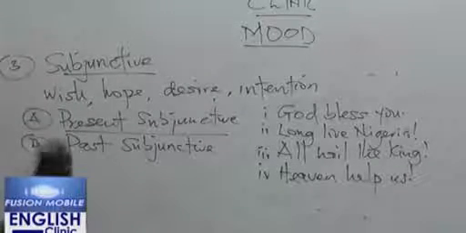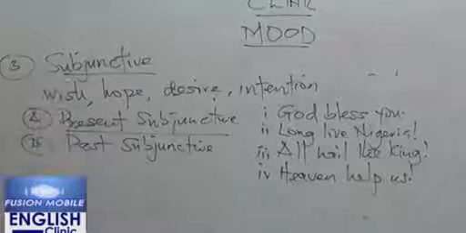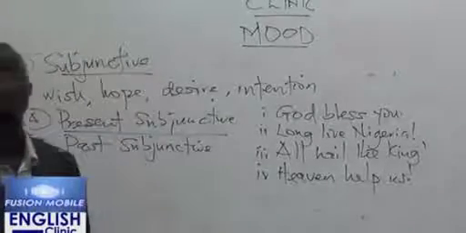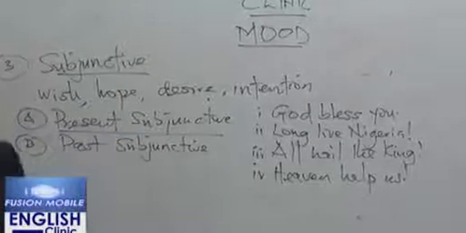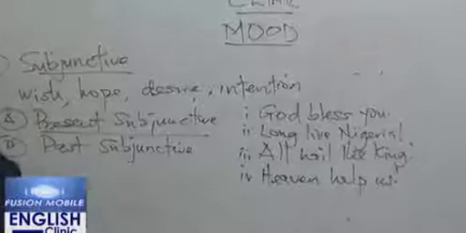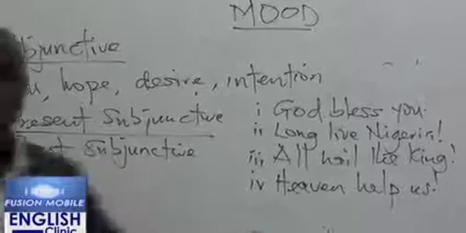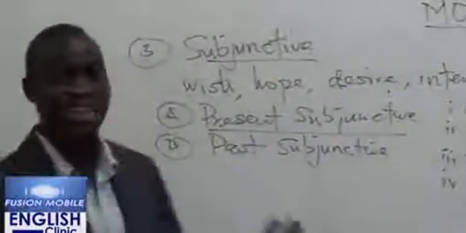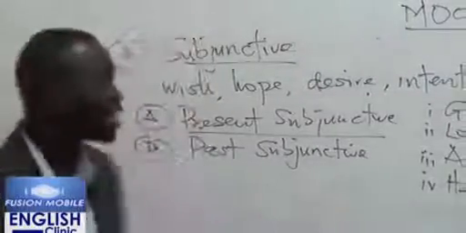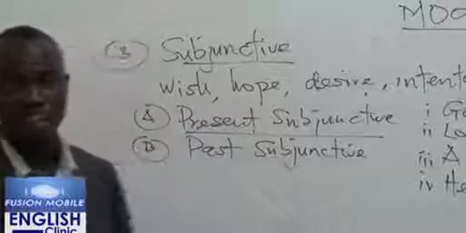Now, the second function of this present subjunctive is when we make use of it in formal English, whereby we have a clause that is dependent on another word expressing a wish or an intention. We use them in formal English in a sentence or in a clause that is dependent on a verb expressing a wish or an intention.